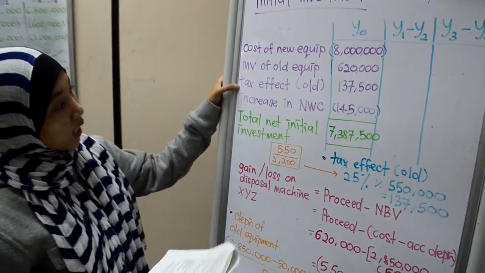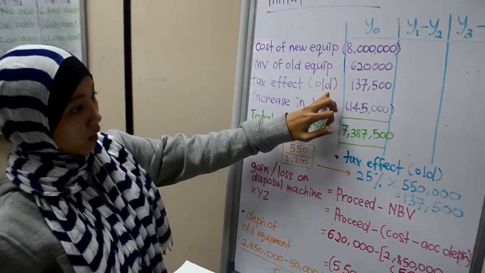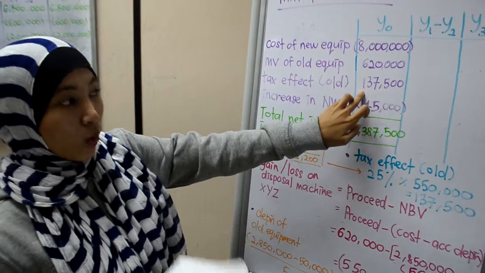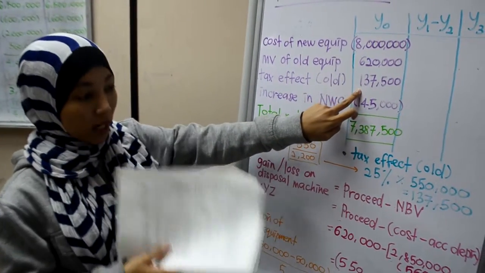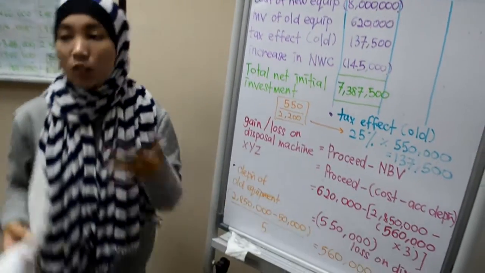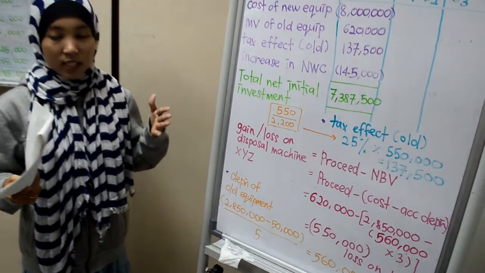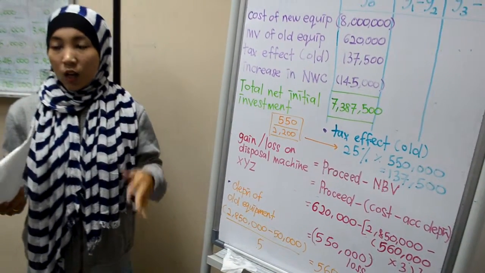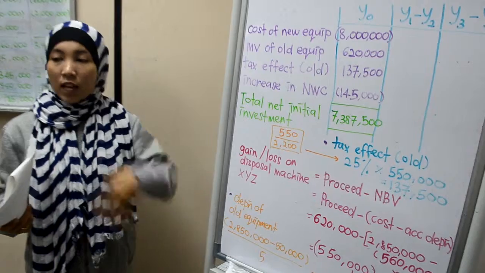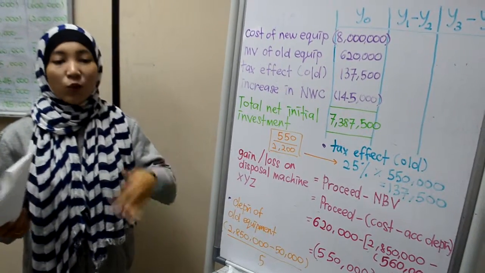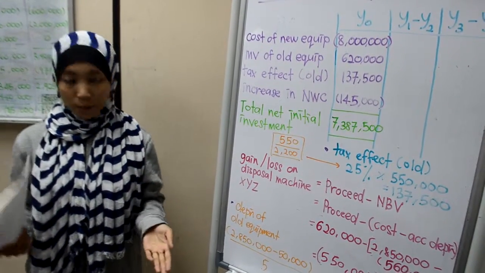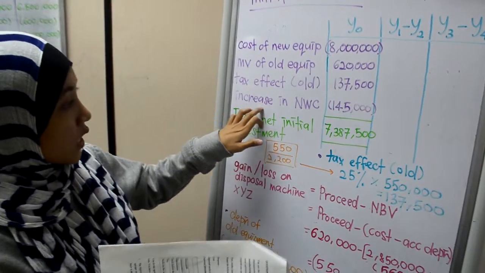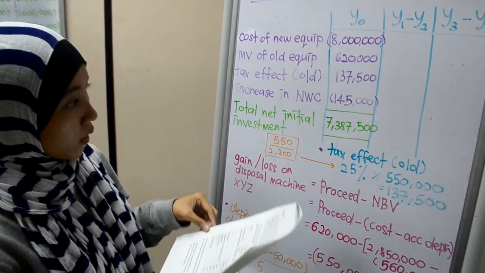Okay, and then after you get the tax effect, why you add, you don't minus, is because when you have loss on disposal, meaning it's somehow like tax saving. When you have loss on disposal, you have less profit, and then you will have less tax to be paid. So next one is increase in net working capital.